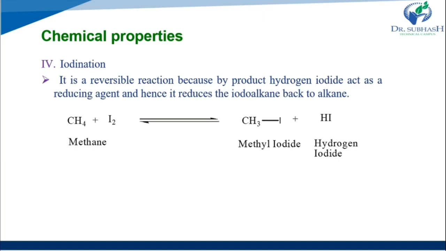So methane plus iodine both react, making one methyl iodide and one HI, that is hydrogen iodide. Okay, so this is the iodination reaction. These are the four reactions that occur in halogenation.